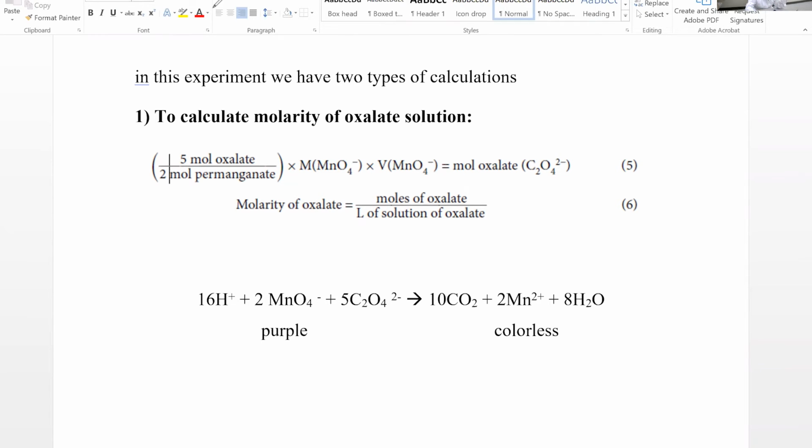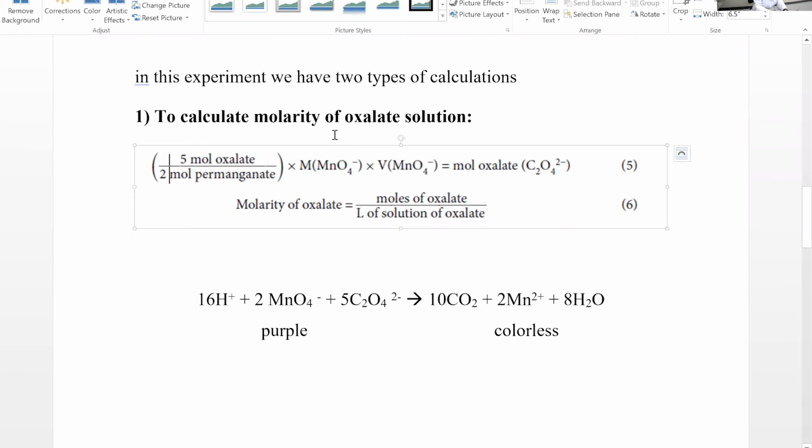You have volume and you have molarity, so from that you need to calculate the molarity. The number of moles of permanganate is going to be the molarity of permanganate times the volume of permanganate, expressed in liters. So molarity times volume would give the moles of permanganate.